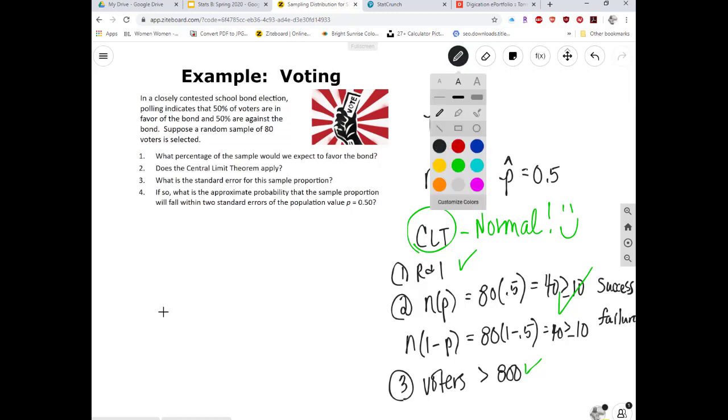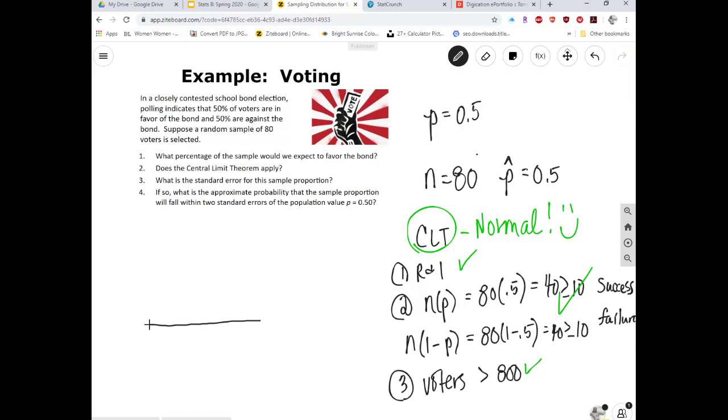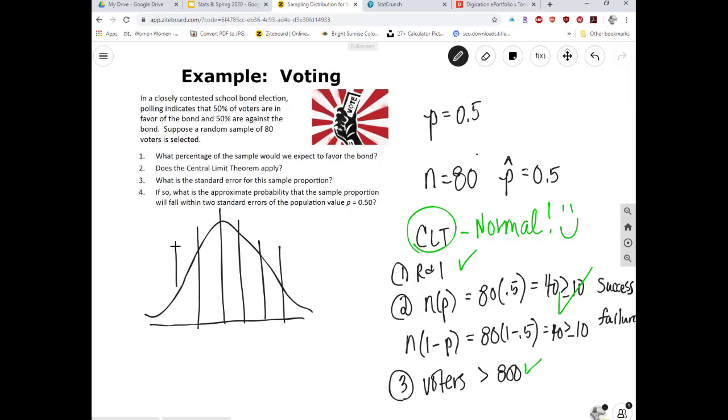All right, let's see what I got. Here is my diagram. This is 0, 1, 2, 3, negative 1, negative 2, negative 3. My center is going to be 0.5. Now I need to find how long that spread is.